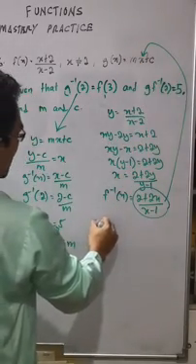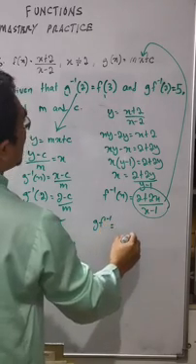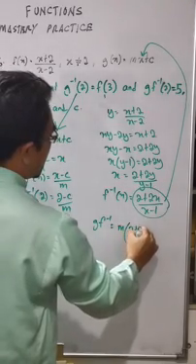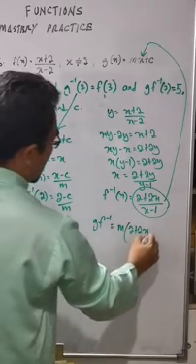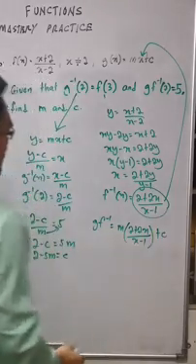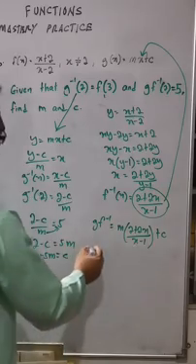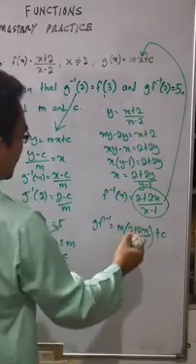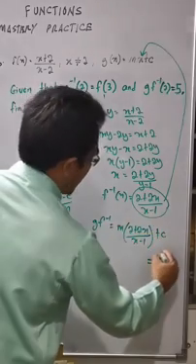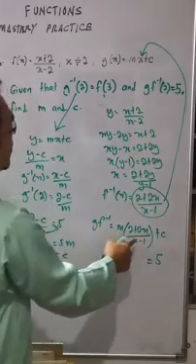So g of f inverse will be m times the whole thing, (2 plus 2x) over (x minus 1), plus c. And then we can replace: this whole thing equals 5, and x is 2.